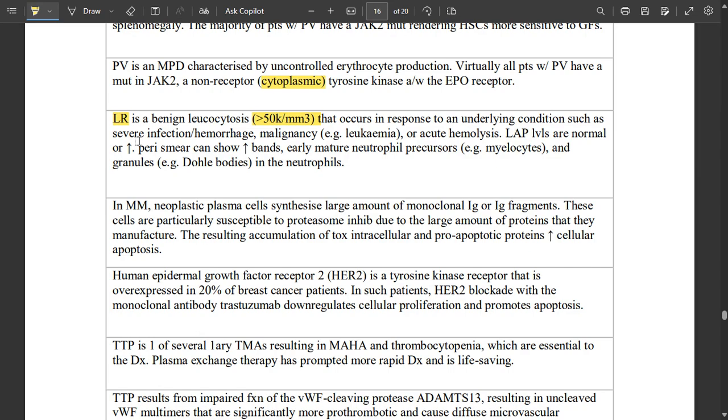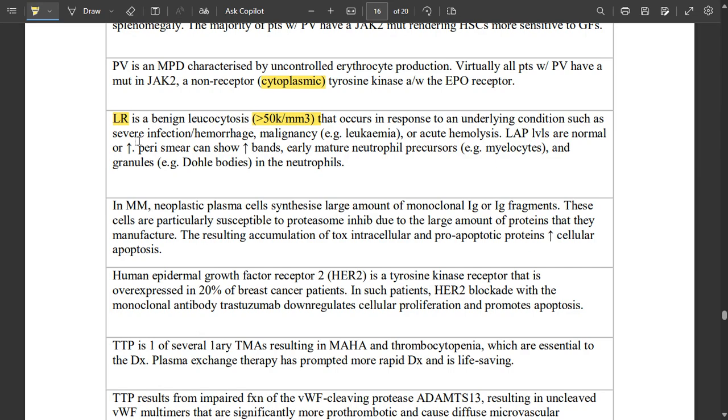Because of all of them, a leukemoid reaction occurs, but lab levels are normal. LAP means leukocyte alkaline phosphatase, so the enzyme levels are also normal.